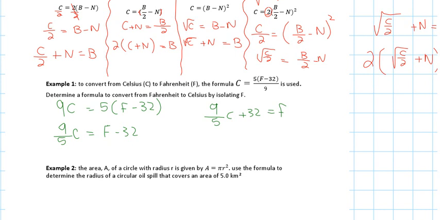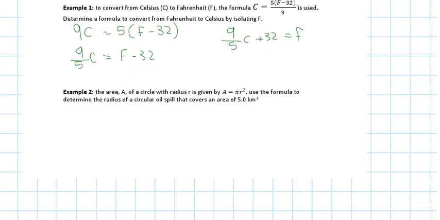The area A of a circle with radius r is given by A equals pi r squared. Use the formula to determine the radius of a circular oil spill that covers an area of 5 kilometers squared. I have the area, so what am I solving for? The radius. So first I'm going to isolate for the radius.